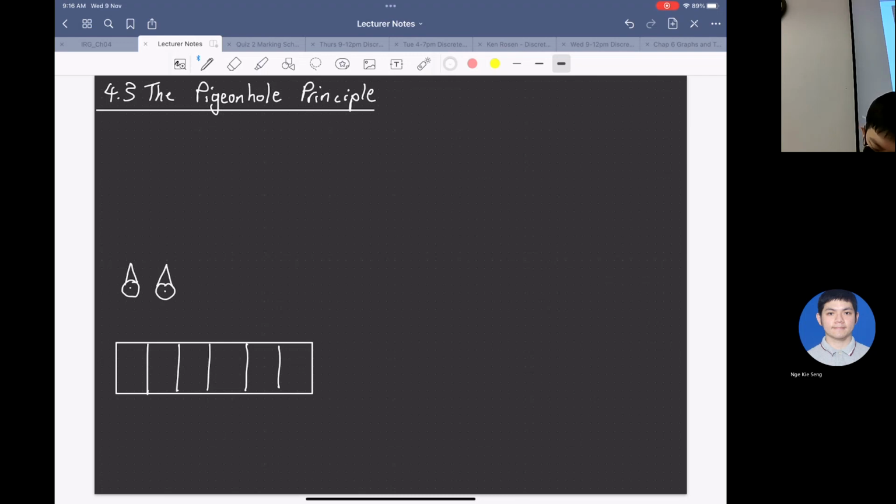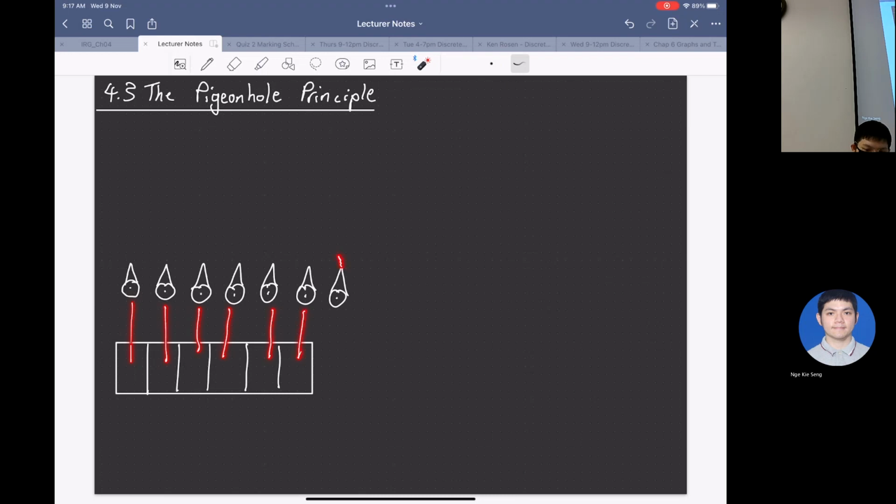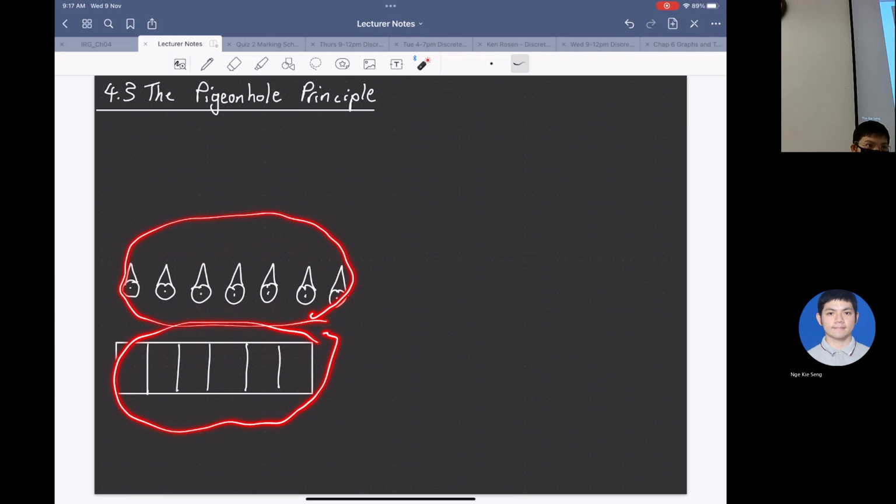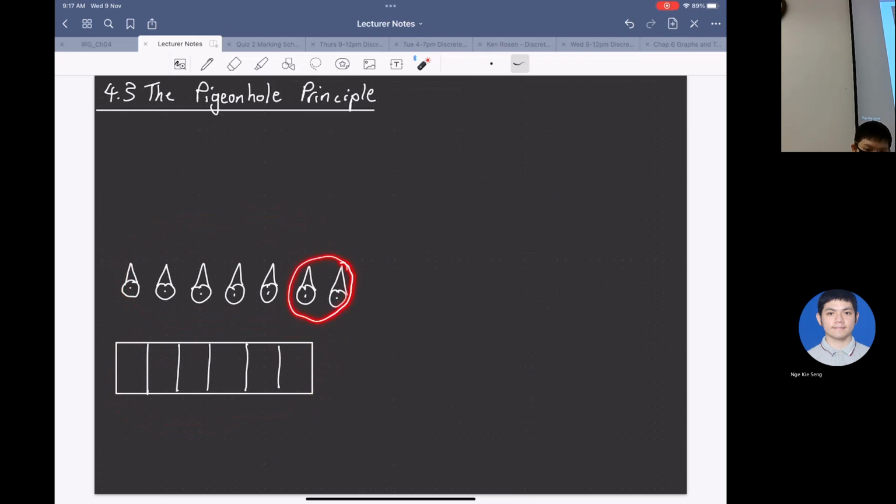Let's say I have 7 pigeons here. The claim is there must exist at least 2 pigeons in one hole. You can imagine one pigeon occupying one hole, and then the last one has to go into one of the holes. So if there are more pigeons than holes, then 2 of the pigeons must go to one hole. This is the pigeonhole principle.